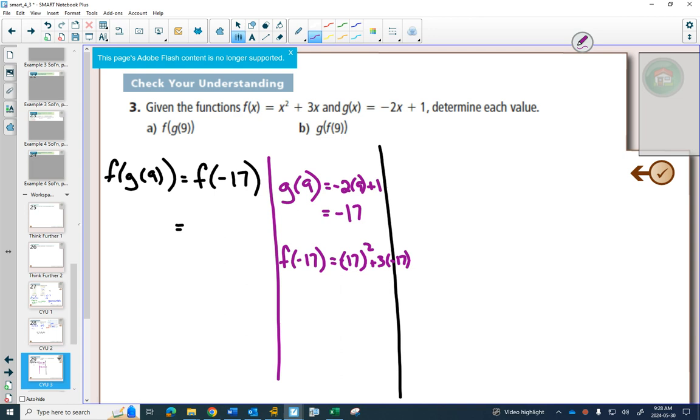Is that 238? Yeah. Anybody yes? Okay. So then I would get 238. Because negative 17 squared is 289, and 3 times negative 17 is negative 51. 289 minus 51 is 238.